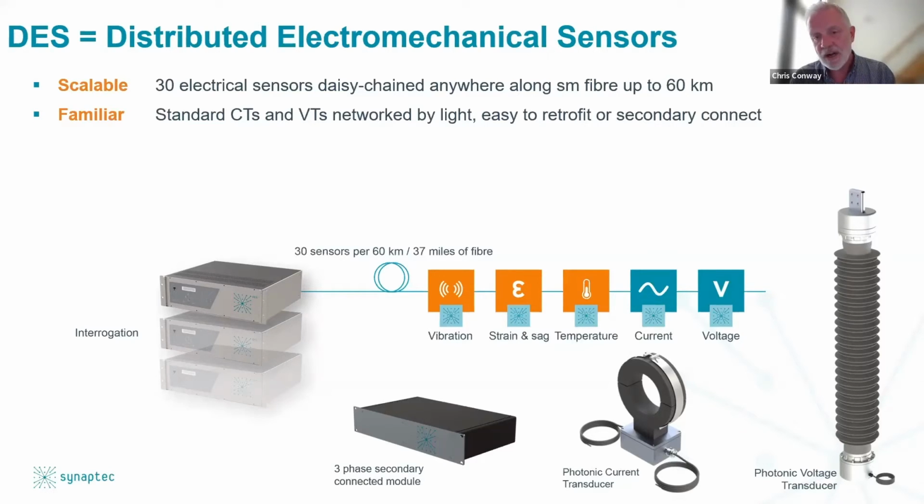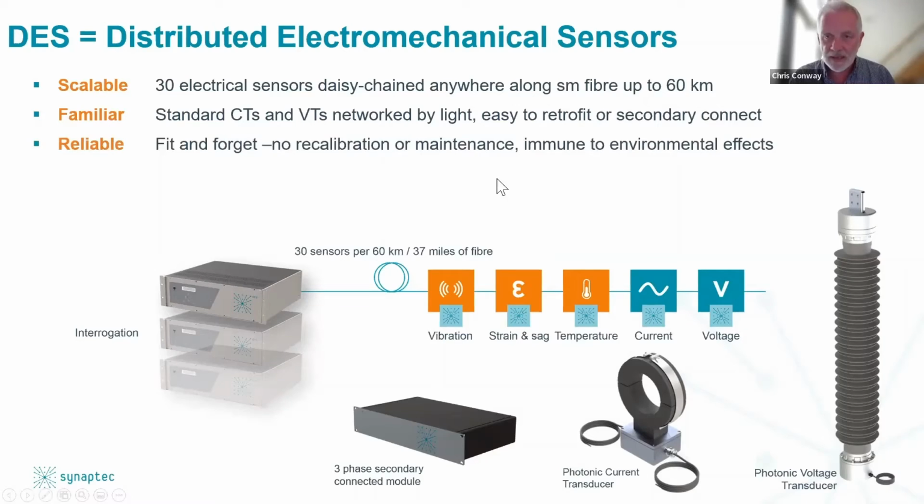In applications where there is existing CT and VT infrastructure in place, we would use that three-phase secondary unit to connect into the existing CT, VT infrastructure. And again, that box has simply fiber in, fiber out, so it enables us to retrofit quite effectively.